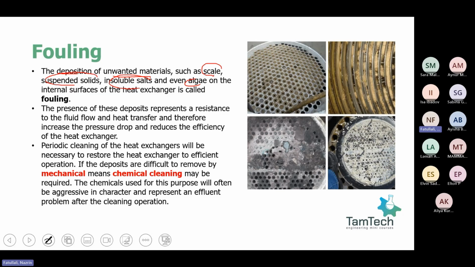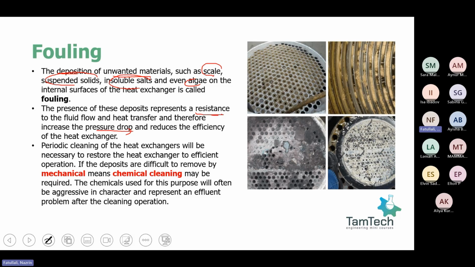These deposits are actually poor thermal conductors. They add some resistance between your two fluids, and your exchanger performance drops down. Here also heat duty drops. And the pressure drop increases because the deposit narrows your flow channel.